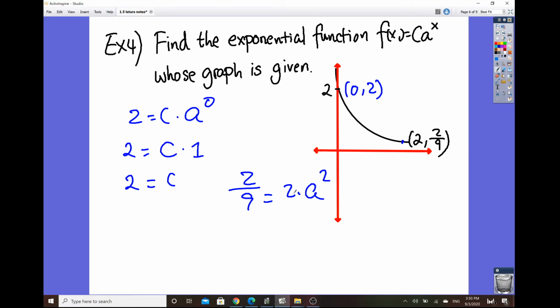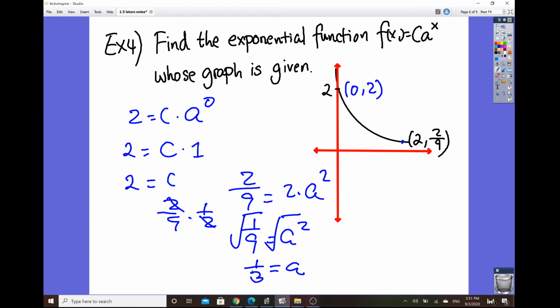So 2/9 divided by 2 is 1/9, because 2/9 times 1/2, multiplied by the reciprocal, is 1/9. And then for the exponent, take the square root of both sides. So we have a equals 1/3.